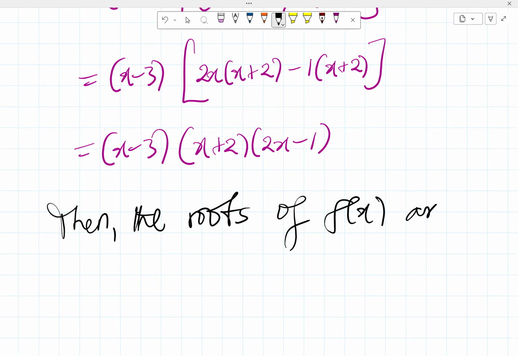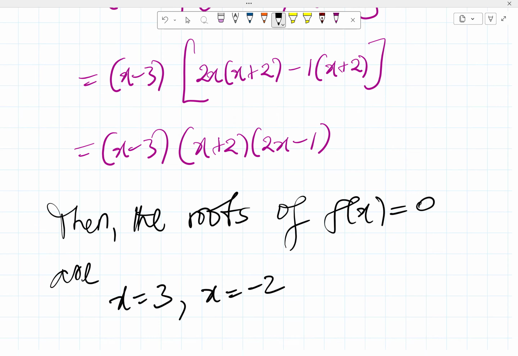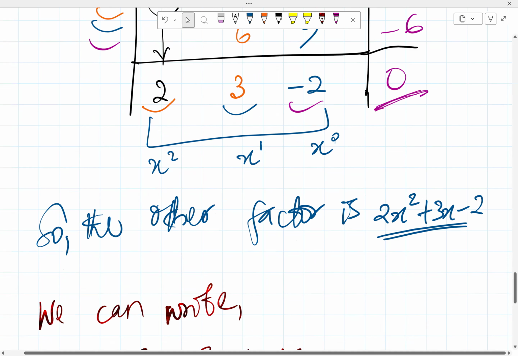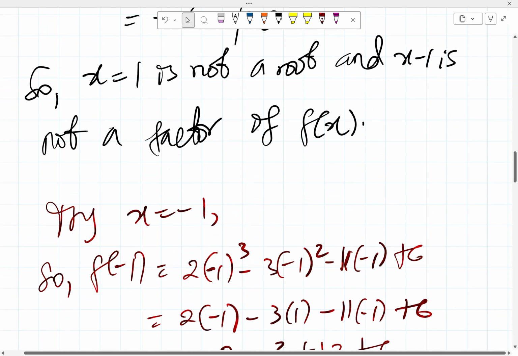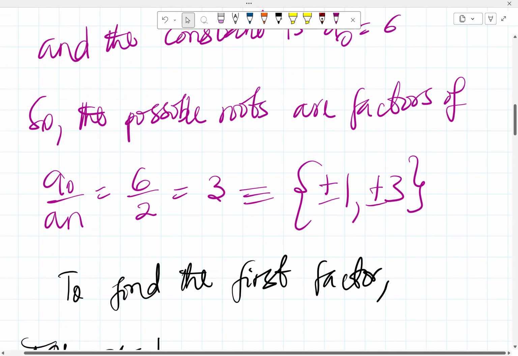The roots of f of x equals 0 are x equals 3, since x minus 3 equals 0 will give you 3, then x equals minus 2, or x equals 1 over 2. From what we had before, right? For rational roots, how come I escaped this other one? So a naught over n, yeah.